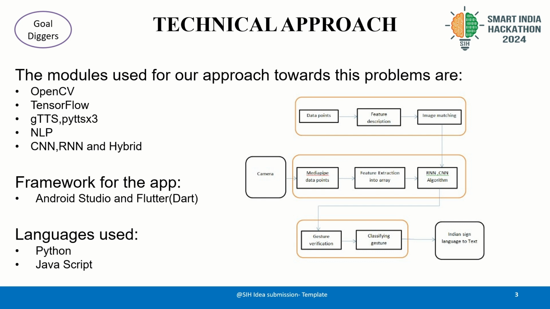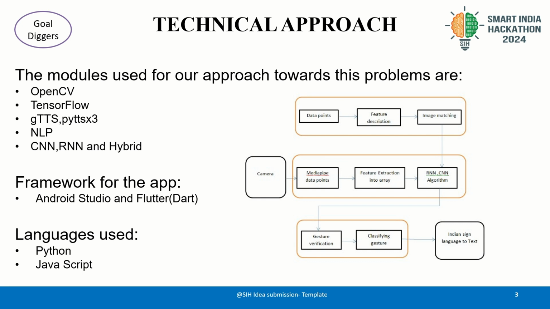This is done by using OpenCV, which is a module used to capture images, or in other words, used to access the camera. Then the MediaPipe module is used to track the movements of the hand using data points.